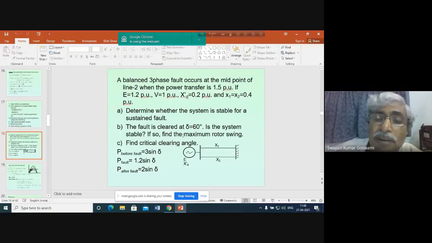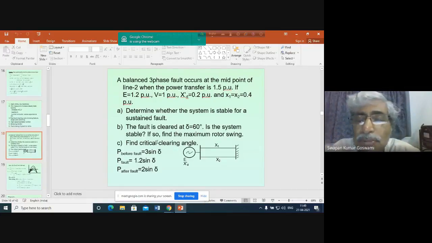So if this scenario is found to be stable, then you have to find out, or even if it is unstable, you have to find out what is the critical clearing angle. Critical clearing angle means when the faulty line has to be disconnected such that the system will be just stable.